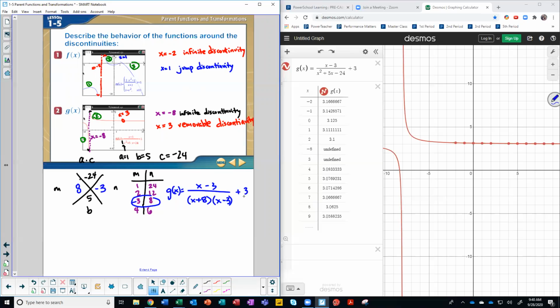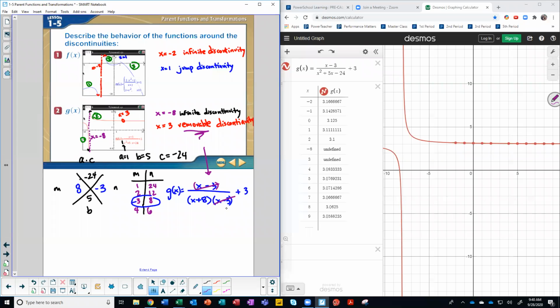Okay, so the reason why it's removable is because with the algebra, you see how in the top I have a factor of x minus 3, and in the bottom I have a factor of x minus 3? Whenever you have matching factors, you can remove or cancel these from the problem. That's why they call it a removable, because you could remove them from the equation. They got canceled out. So if you're wondering why they call it removable, that's why.